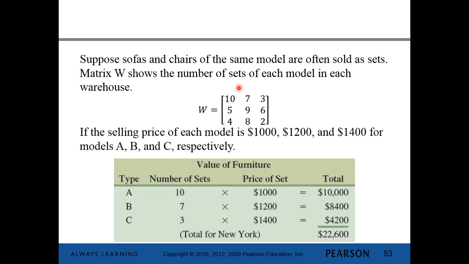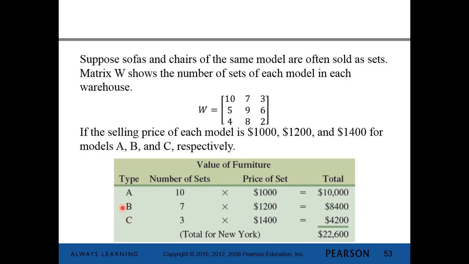Now, what if we're selling each model for a different price? Model A is going to be sold at $1,000. Model B is sold at $1,200, and Model C is sold for $1,400. The way we would figure out the total value in New York is we would take the number of sets of Model A and multiply by 1,000.